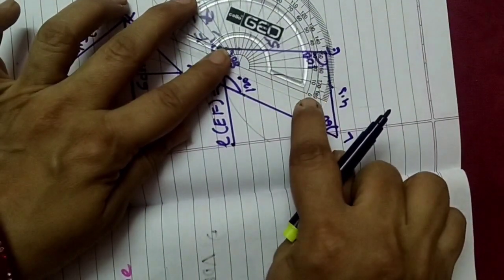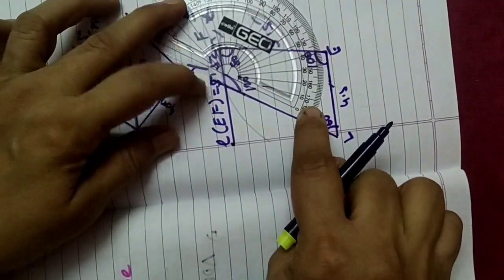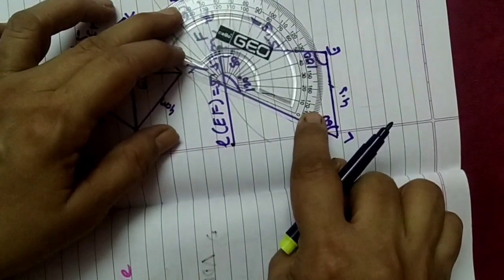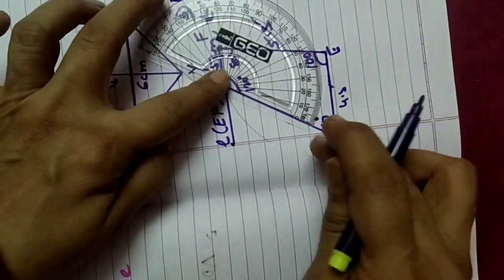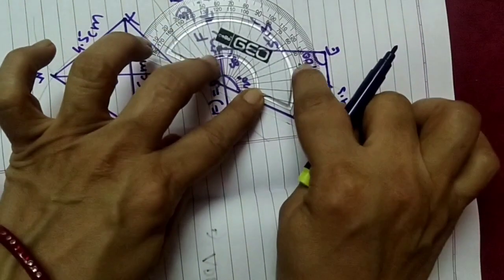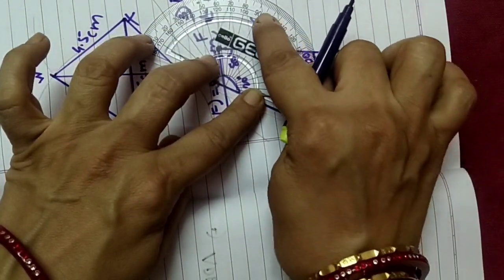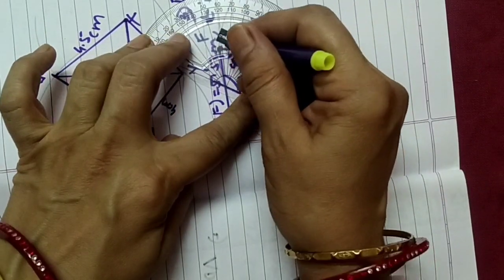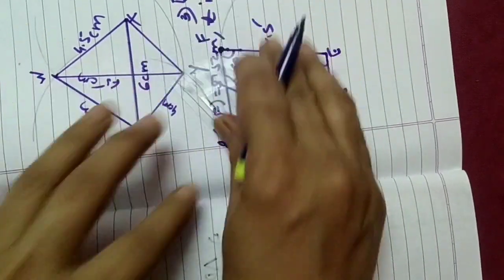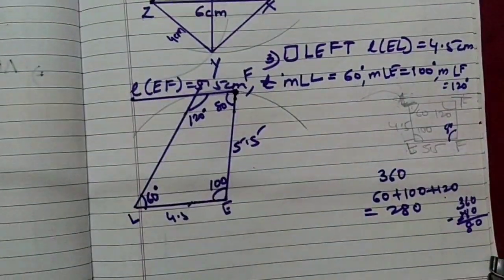See, I am taking this 0. I have to keep this point on this exact place and count. Always count from 0, 10, 20, 30, 40, 50, 60, 70, 80, 90, 100, 110, 120. Can you see? This line is at 120. So my quadrilateral is correct.